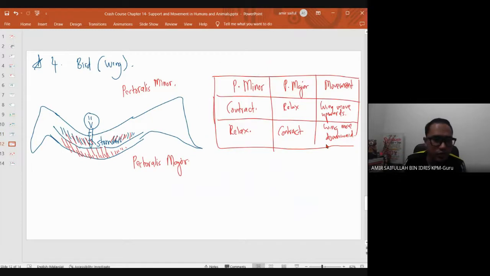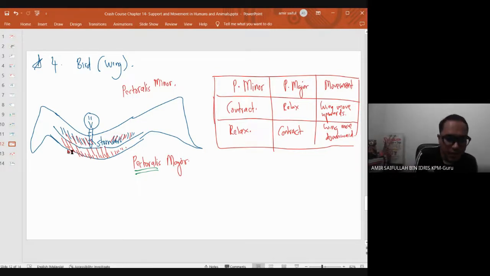Next we go to the bird. The birds, they move their wings. Their muscles are called pectoralis. You learned pectoralis, right? It's the neck, pectoral girdle, so it's somewhere around the neck. So birds move their wings around the neck.